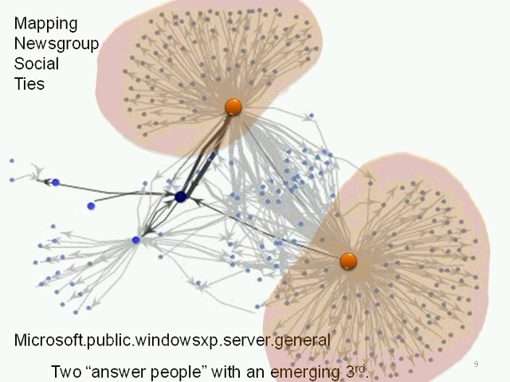The other kind of role in this graph are those two M&M dots. Those dots are what we came to identify as answer people. So the data that you're seeing in this slide is coming from a Usenet news group, the Microsoft.public.windowsxp.server.general news group, a news group that is highly active and is the site in which people can go and ask questions about the Windows XP Server product.